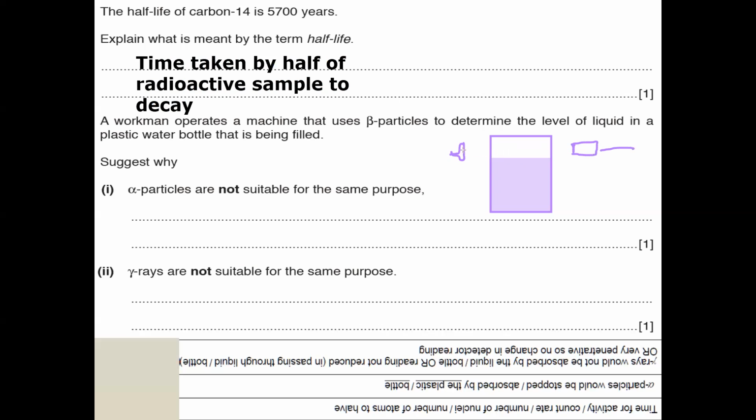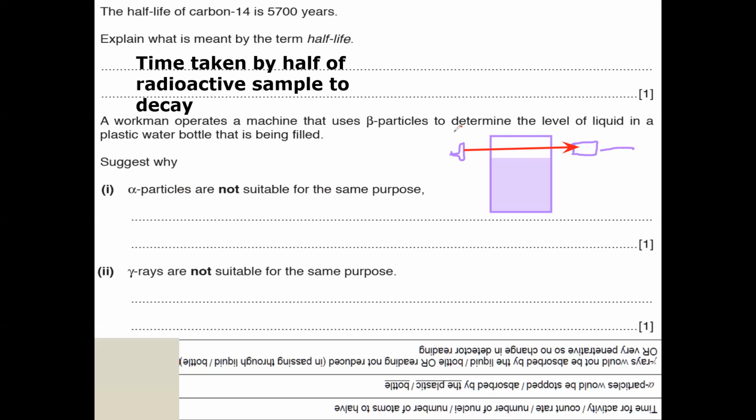If the radiation passes through and reaches the detector, it means the water level is below. But if the liquid level is higher, then the amount of radiation which passes will decrease. So it can identify that the container is not filled correctly.